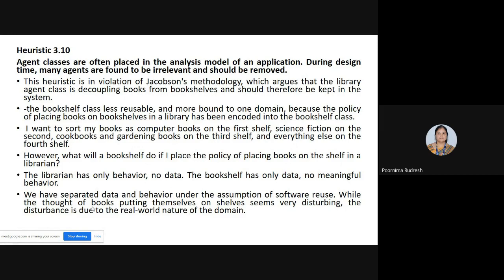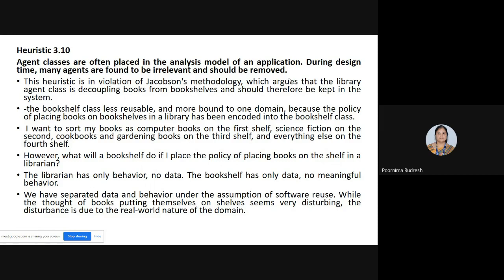However, what will a bookshelf do if I place the policy of placing books on the shelf in the librarian? The librarian has only behavior, no data. It has the policy of where I can keep the books, but the librarian doesn't have any data. But the bookshelf has the data, but no meaningful behavior. Here we have separated the data and behavior under the assumption that these can be reused in other applications.